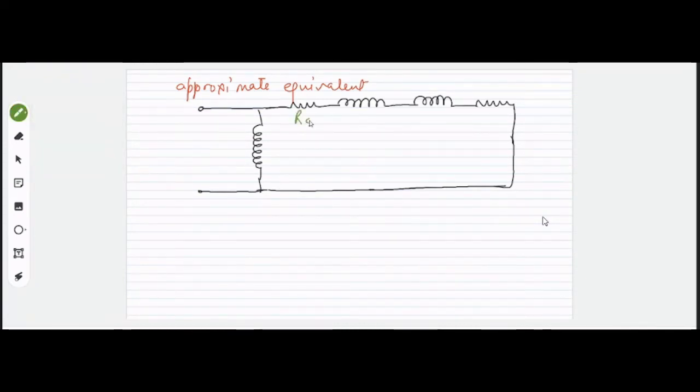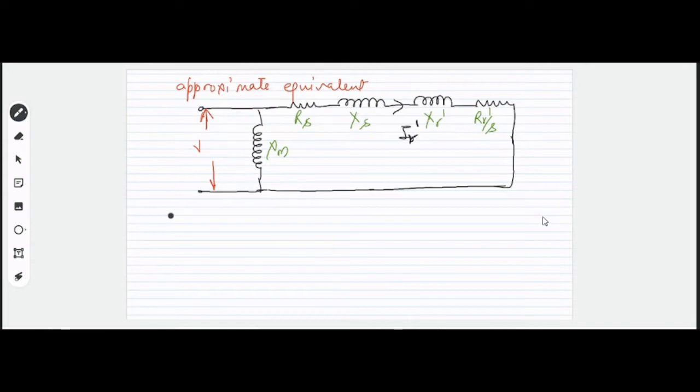This will be the approximate equivalent circuit, where this represents the stator resistance, stator reactance, and rotor reactance referred to the stator side. This dash means referred to the other side, that is the stator side, right? And this is the rotor resistance referred to the stator side. This is Xm, right? And applied voltage V is applied over here. The current that flows in the rotor winding will be the rotor current, Ir dash.